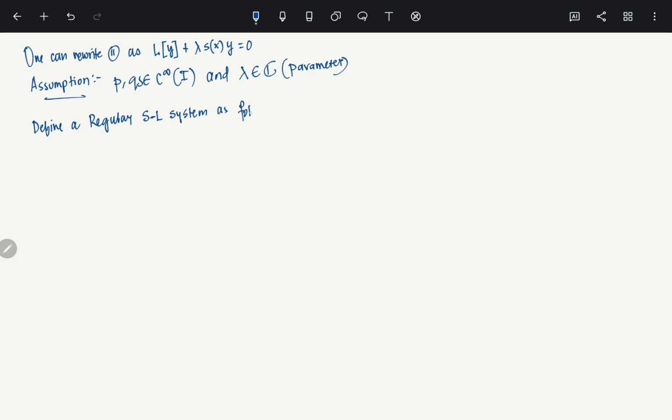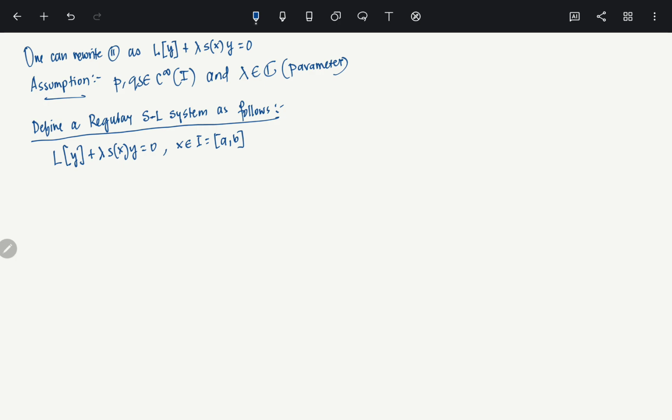System means an equation with some data. So what is the data? We start with L of y plus lambda s of x times y equals 0. And of course, x is from the interval I, which we are now defining to be (a, b). So this is your equation part.